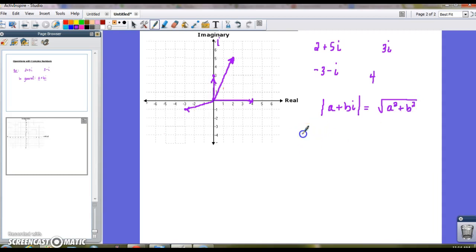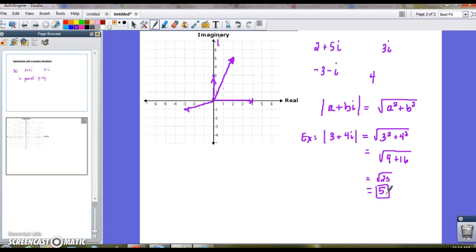So let me give you an example. If I ask you to find the absolute value of 3 plus 4i, then you're just going to do 3 squared plus 4 squared. And that would be the square root of 9 plus 16, which would be the square root of 25, which would just be 5. And that's your final answer.